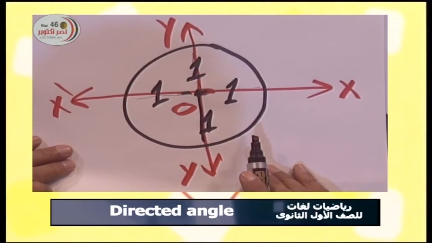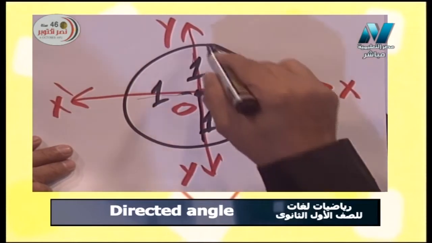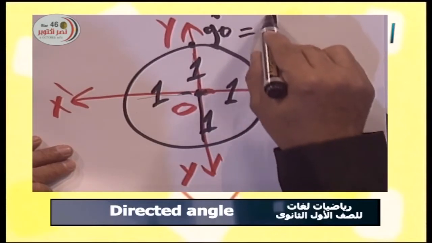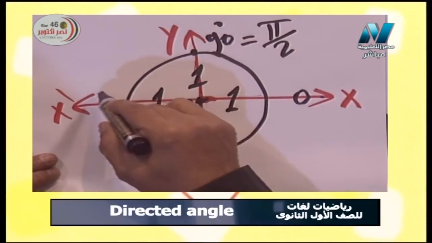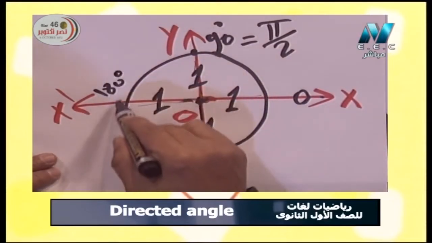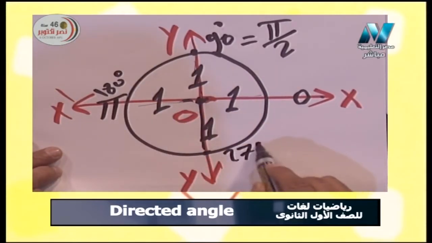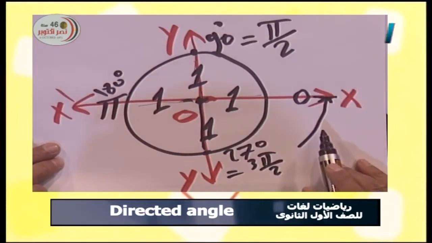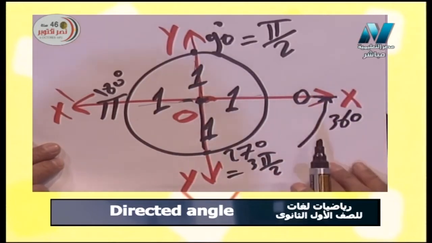Okay, we know that here is 0 degrees and here 90 degrees, which is equivalent to pi over 2 in radians. Here 180 degrees or pi. Here 270 degrees or 3 pi over 2. And we return again to the beginning side, which is 360 degrees or 0 degrees.